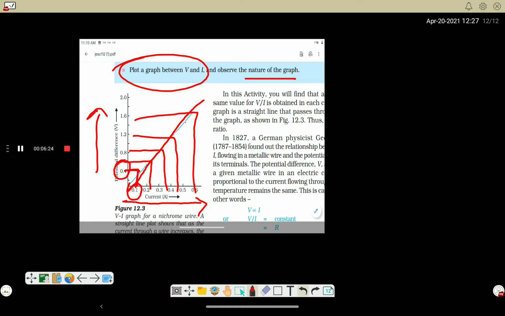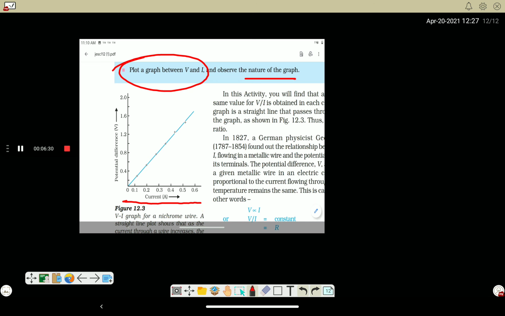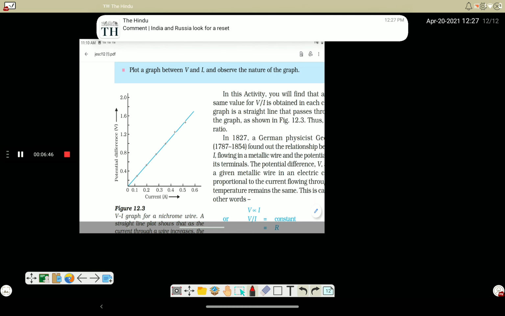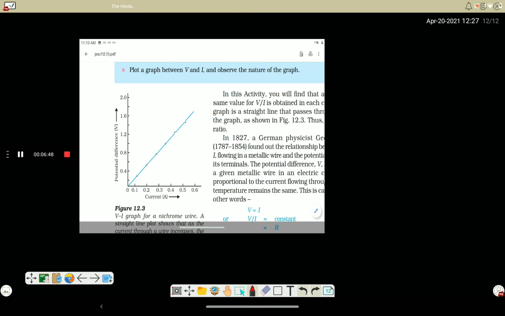So in the Ohm's law, a straight line graph will come. So the nature of the graph is, you can say, linear. If we plot a graph between voltage and current, it is a straight line or linear graph. Okay. So you will also make this graph, and this question can also come in your examination.